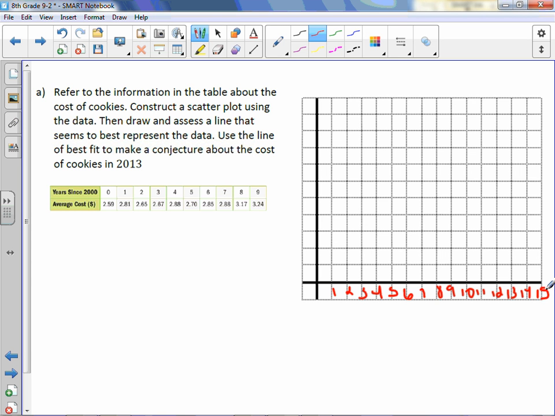Okay, and we look at our average, so this under here is years since 2000. And our y-axis will represent the average cost.